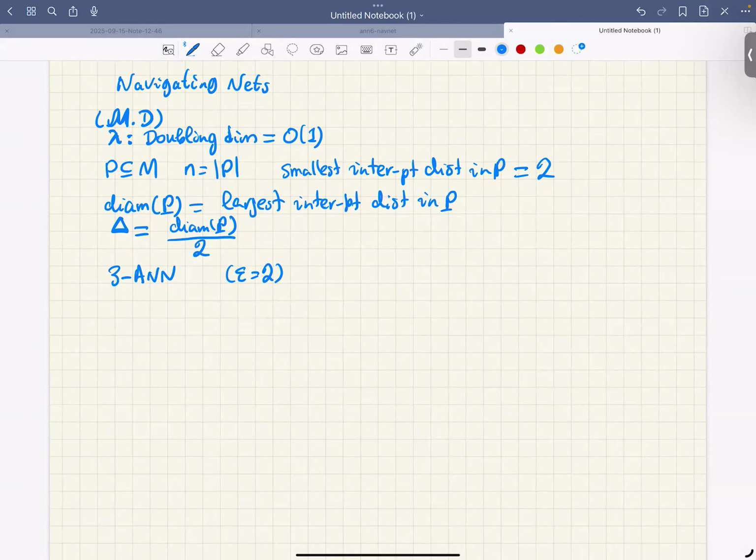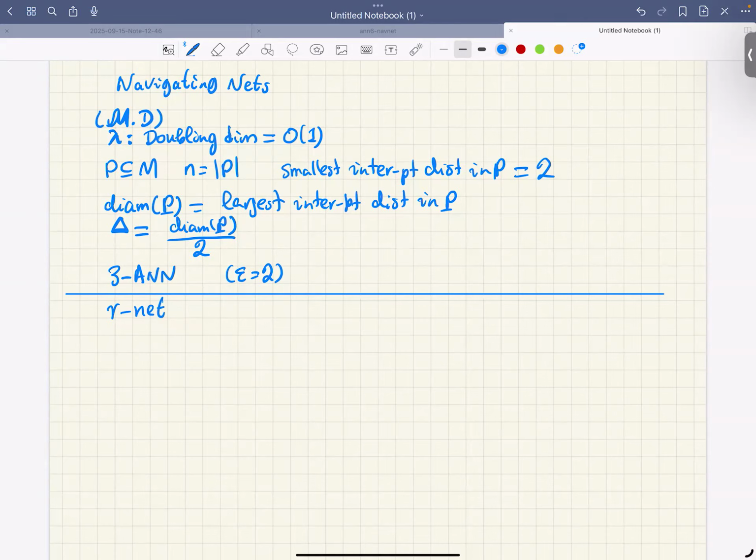Presenting this navigating net is the first purpose. But there's another very important purpose I aim to achieve today. Last time I introduced this very important concept of RNet. Do you still remember what I said? I said RNet is a very fundamental tool for you to design algorithms in metric spaces.